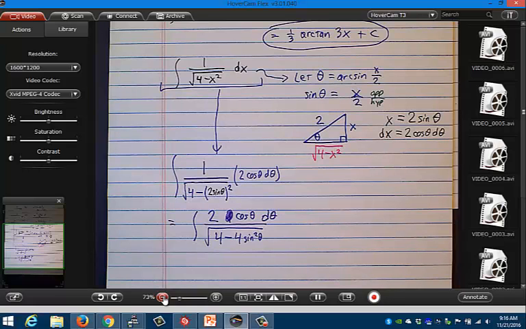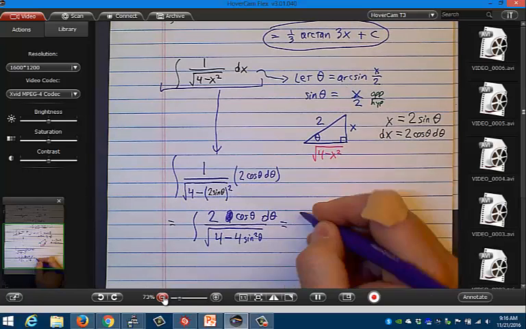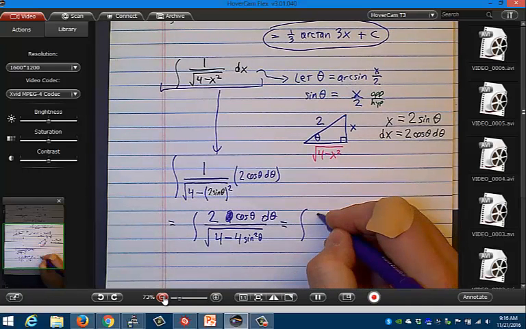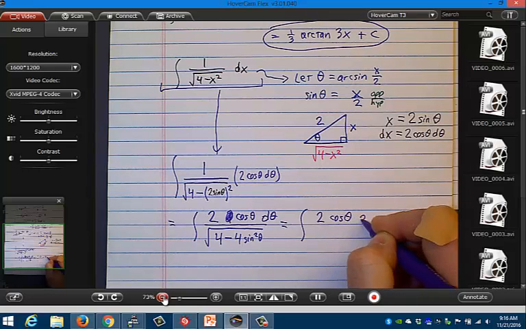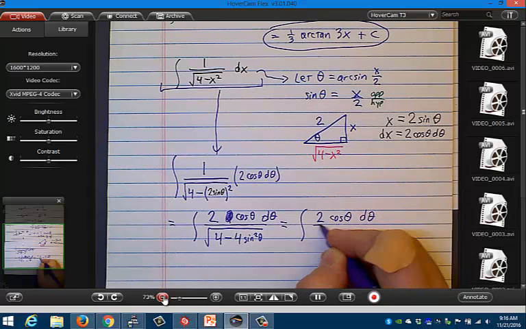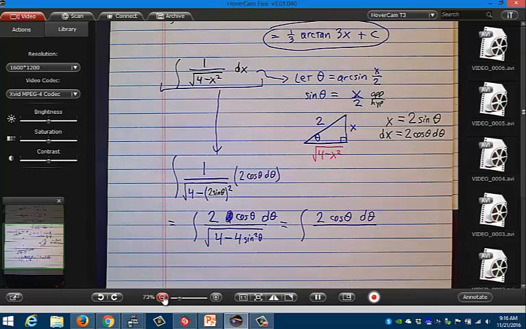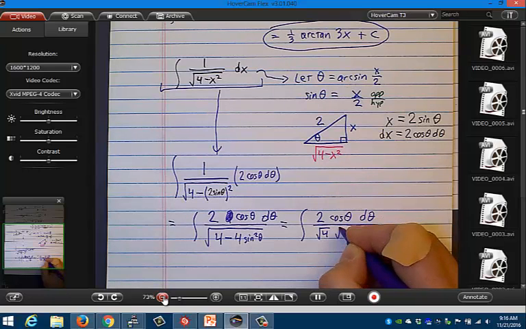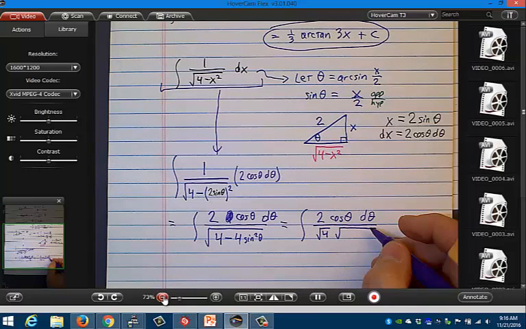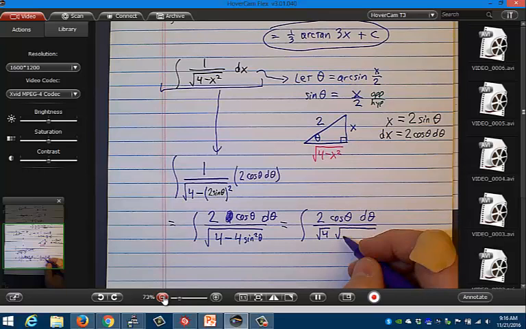One of the reasons I wrote it this way was I noticed I have a 2 up top, I have a cosine of theta, I have a d theta. And on the denominator, I have the square root of 4 times the square root. If I factor that 4 out, what do I have left? 1 minus sine squared theta.